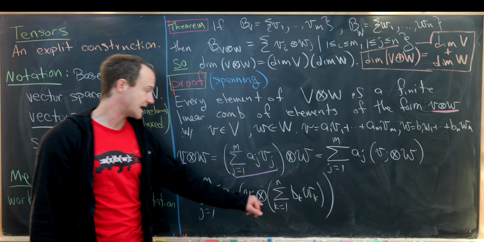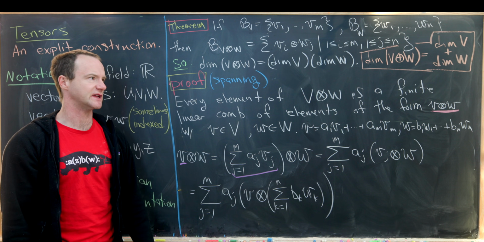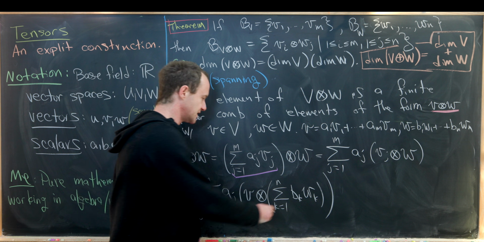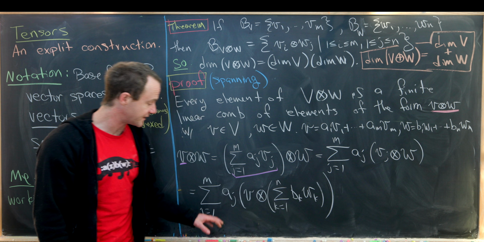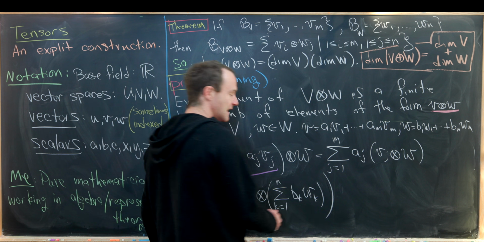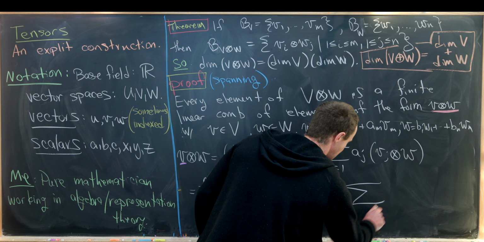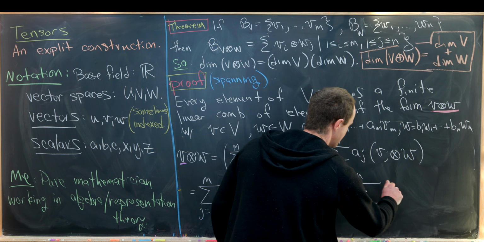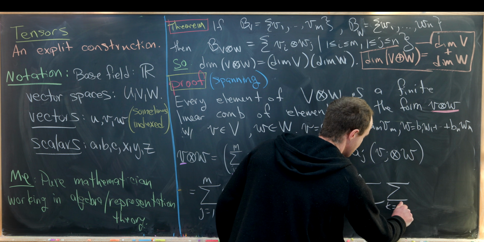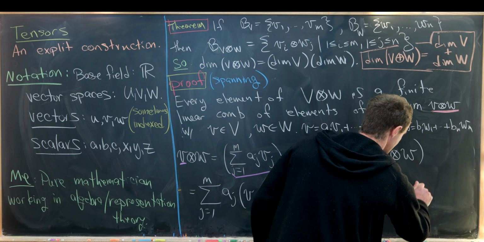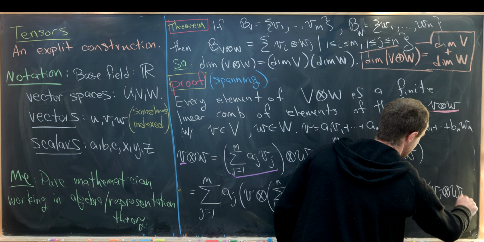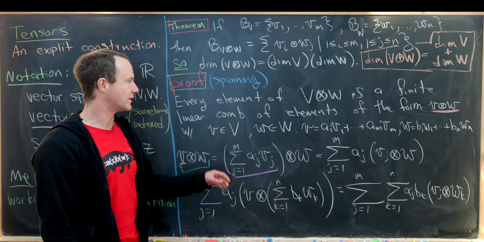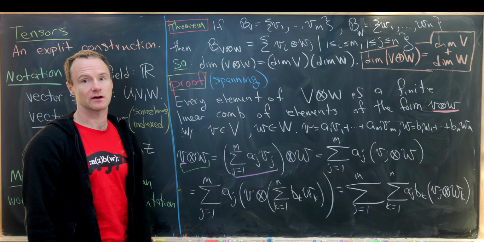And again, I can use our conditions, which we imposed on the tensor product, to pull this sum outside of the entire thing and pull these coefficients out of the entire thing. And that's going to give us something like this. So we'll have the sum as J goes from 1 up to M, and then the sum as K goes from 1 up to N of AJ times BK times VJ tensor WK. But that's exactly where we needed to end up to finish this spanning argument.